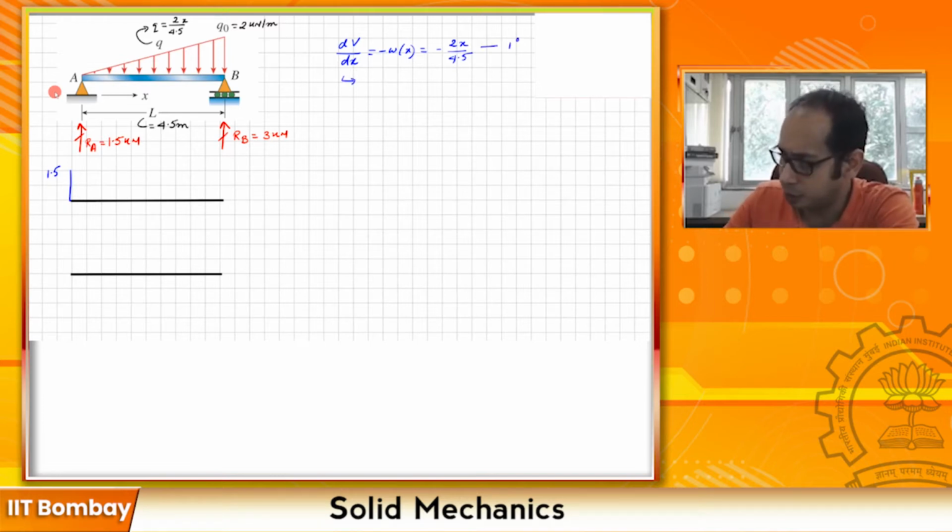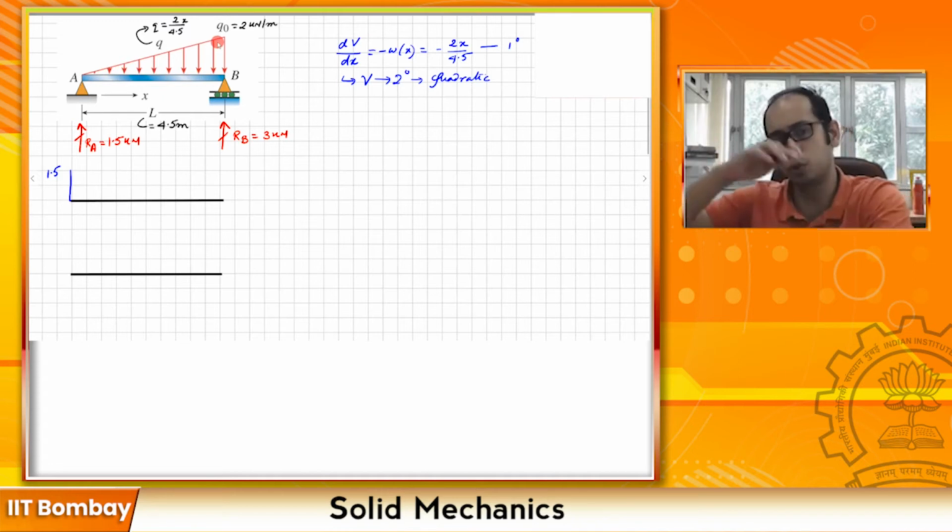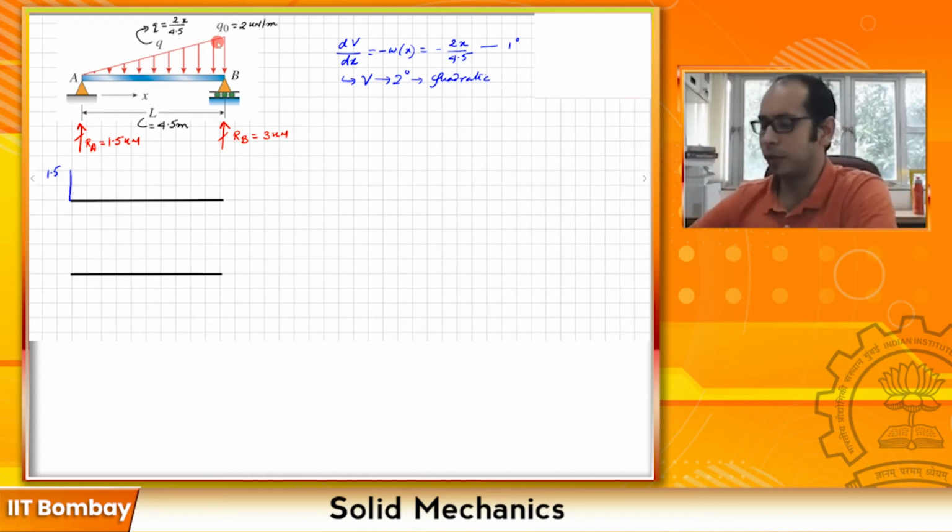So that tells you that V is going to be degree 2, so V is going to be quadratic. You have a quadratic variation from A to B, because this linearly increasing load spans the entire beam. So throughout you're going to have a quadratic relationship.